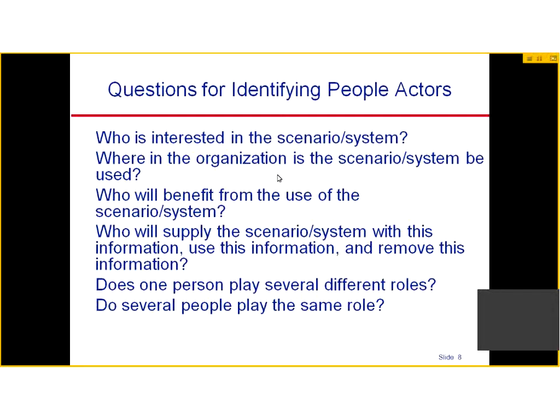We ask certain questions to identify the actors. Who is interested in the scenario? Where in the organization is the scenario being used? Who will benefit from the use of the scenario or system? Who will supply the system with information? Does one person play several different roles, and do several people play the same role?